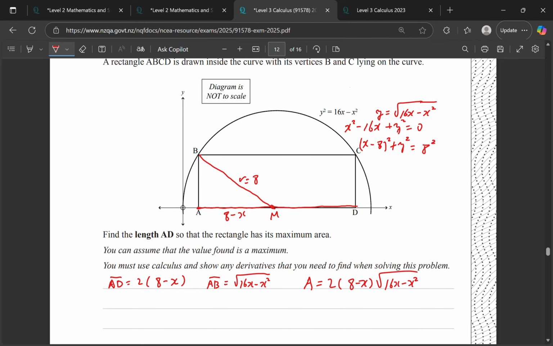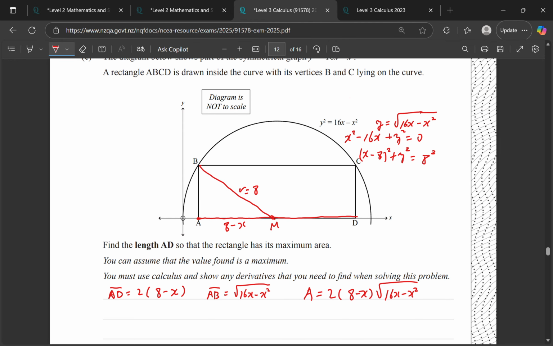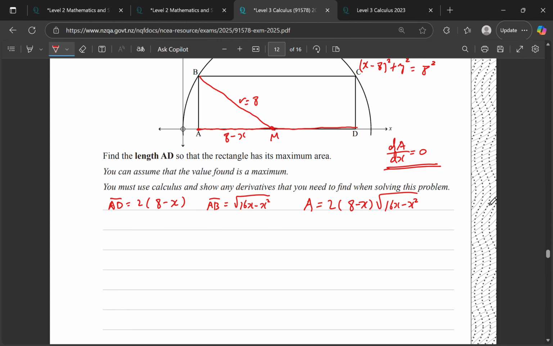We are going to differentiate this, find dA/dx and set it to 0, because we are going to maximize this and find x.